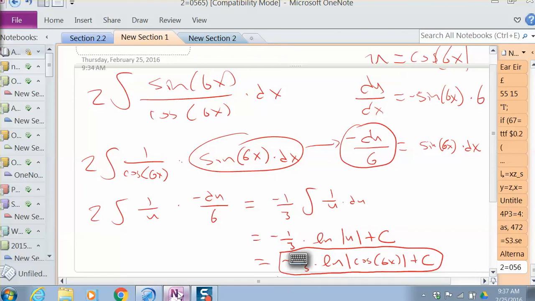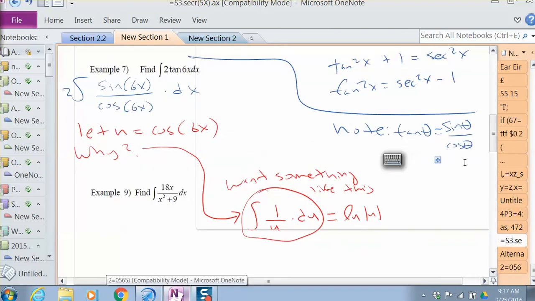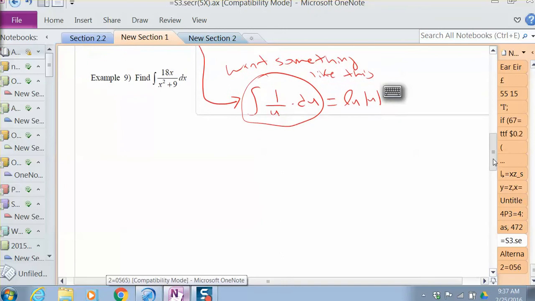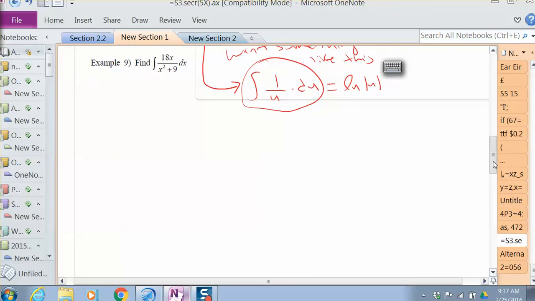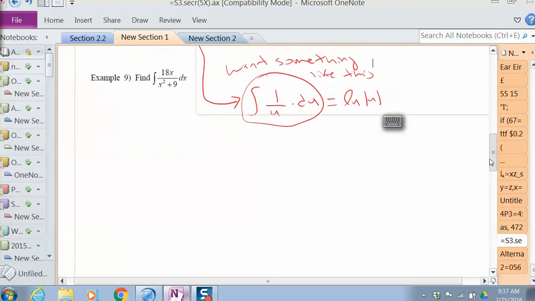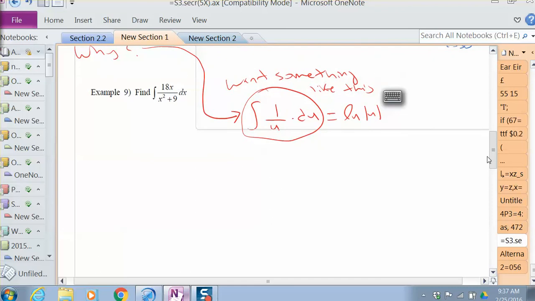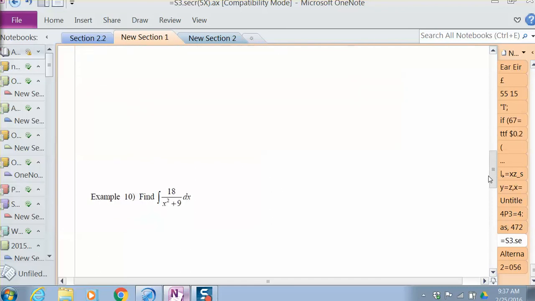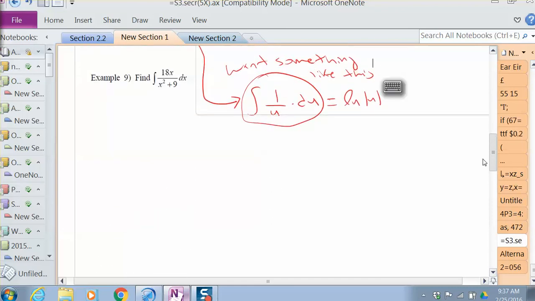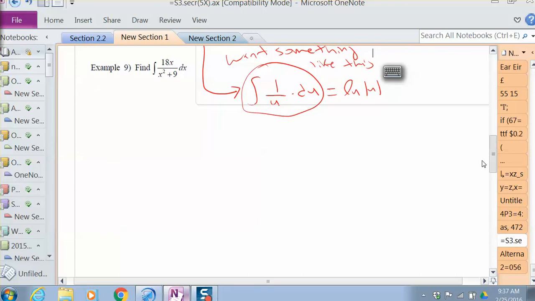So let's go back. And we see that 9 and 10 look very similar. 9 is 18x over x squared plus 9 times dx, but 10 doesn't have the x in the numerator. So of course they're going to have different answers, but they look very similar.